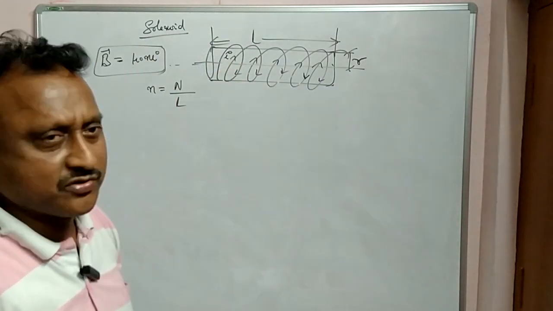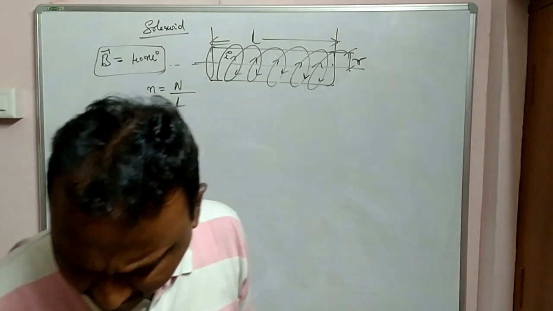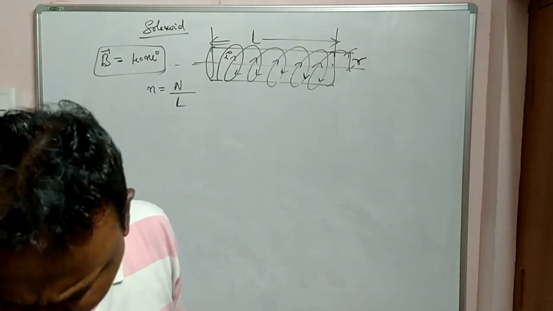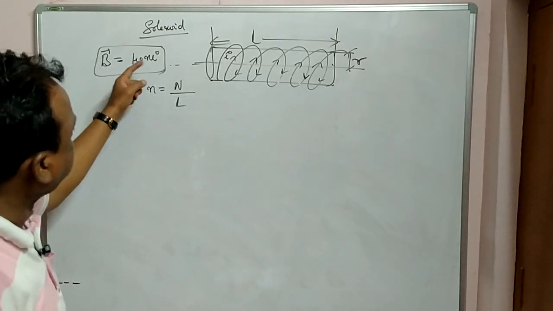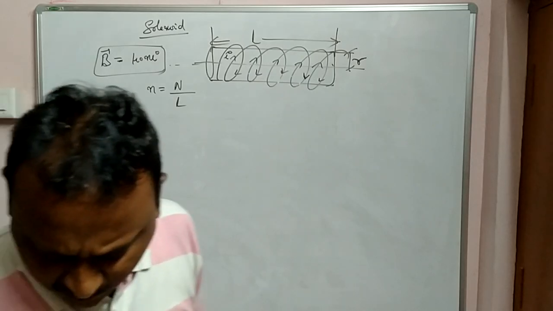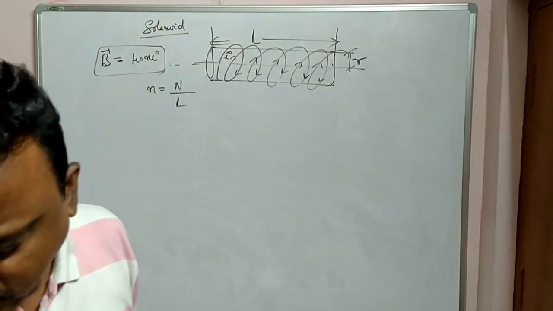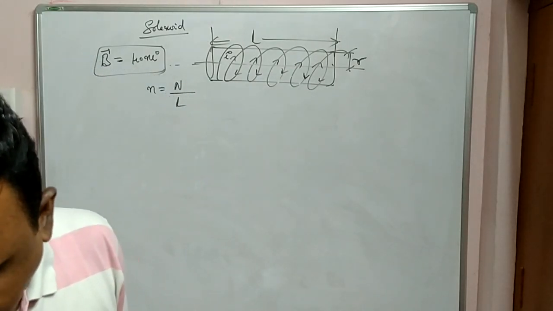I is the current flowing through the solenoid, and r is the radius. So B is equal to mu naught n I, where small n is the number of turns per unit length. Clear? Any doubts?